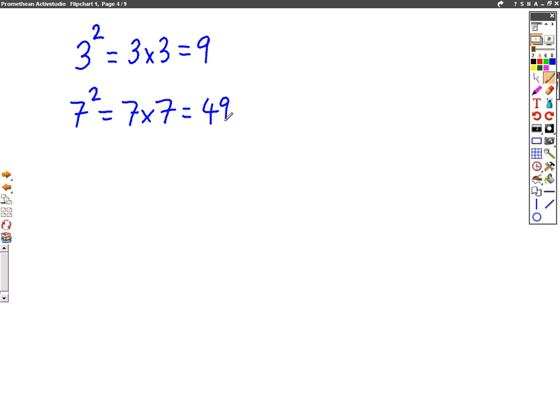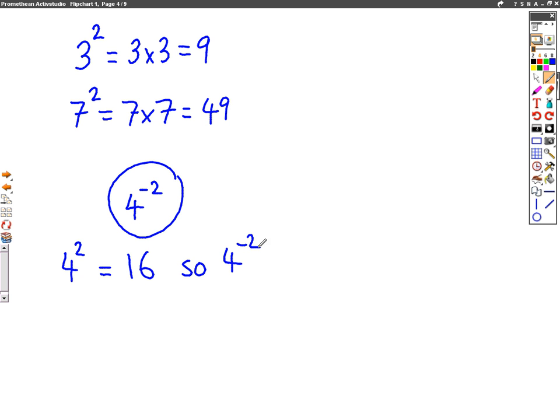So what happens when we have something like 4 to the minus 2? Well, if it wasn't minus, if it was just 4 to the power of 2, 4 squared, the answer would be 16. So 4 to the minus 2 is 1 over 16. Same rule as we were talking about earlier.